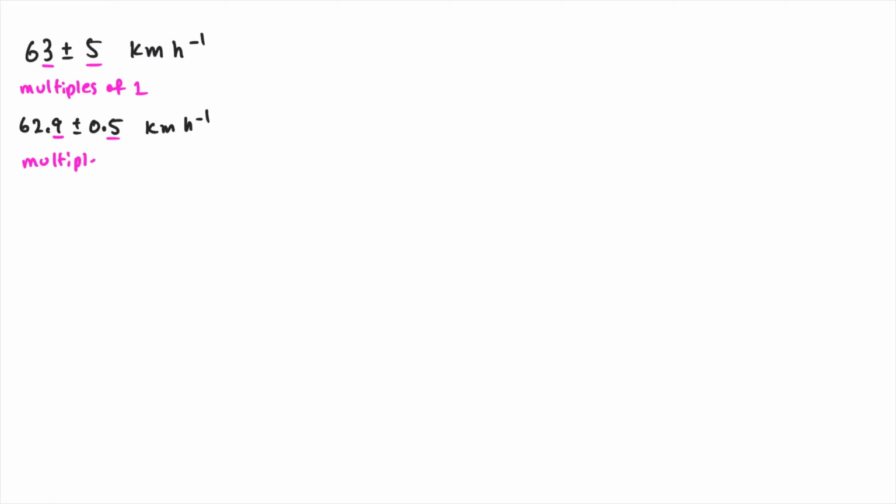This scaling must be used when expressing numbers with their uncertainties. It is incorrect to have different scaling between the number and its uncertainty. For example, 63 plus or minus 0.5 is incorrect, and instead we should use 63.0 plus or minus 0.5.